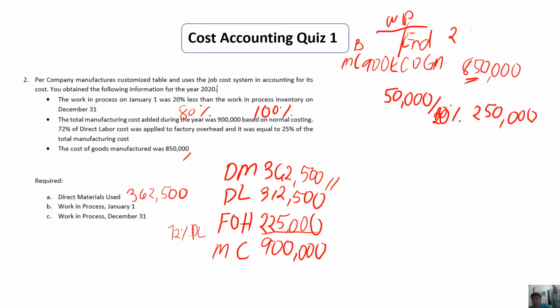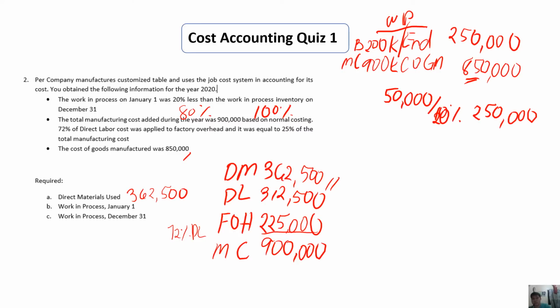So lalagay mo dyan sa ending 250,000 pesos. Dahil nga ang difference nun ay 50,000 pesos, pwede ka na ditong mag-articulate or mag-compute. So 250 plus 850 minus 900,000 pesos. Ang lalagay po natin sa beginning will be 200K or 200,000 pesos. This represents the beginning balance of the work in process inventory.